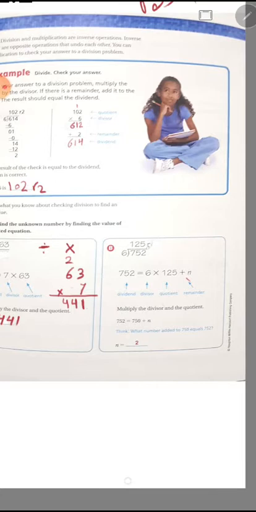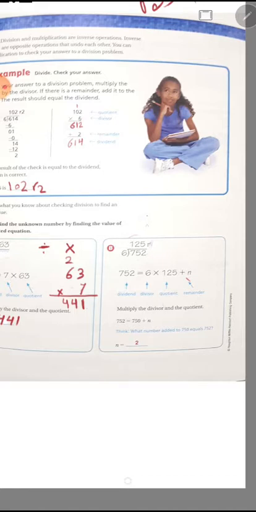Now, how will I explain this for you? Look, the remainder is the number that is left in the end, and I can't divide it by the divisor, right? If you multiply the quotient with the divisor, as we did right here, you will find a number, but this number is not the dividend when there is a remainder.